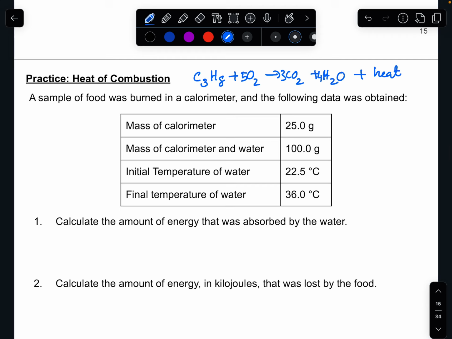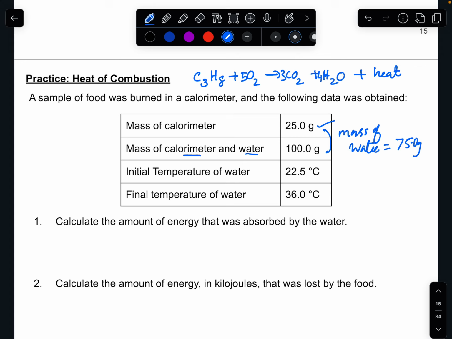So you have a calorimeter which has a mass of 25 and we added water. The total mass of calorimeter and water is 100 gram. So find the difference. So the mass of water will be 100 minus 25, which is 75 gram, right?